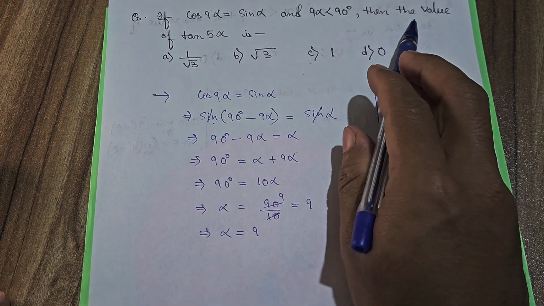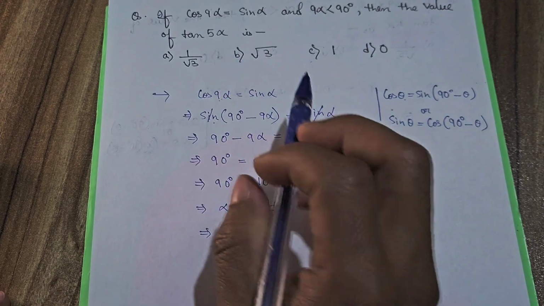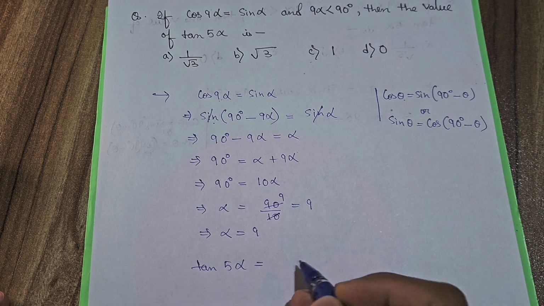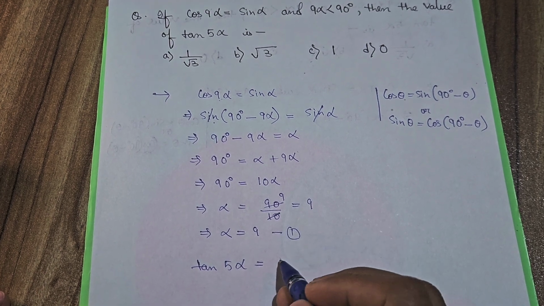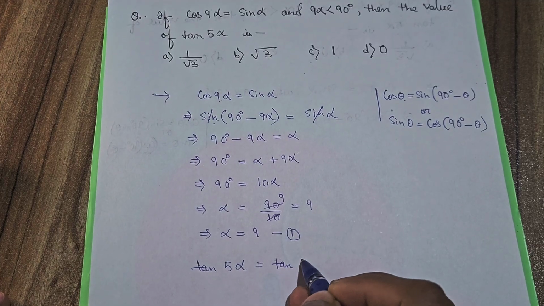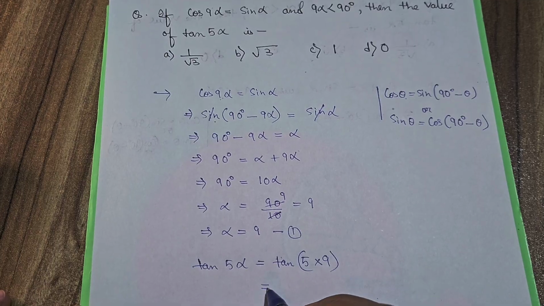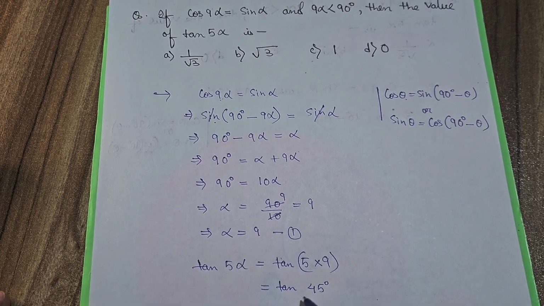As we are asked to find the value of tan 5 alpha, let's substitute the value of alpha. Tan 5 into 9 will give tan 45 degrees.